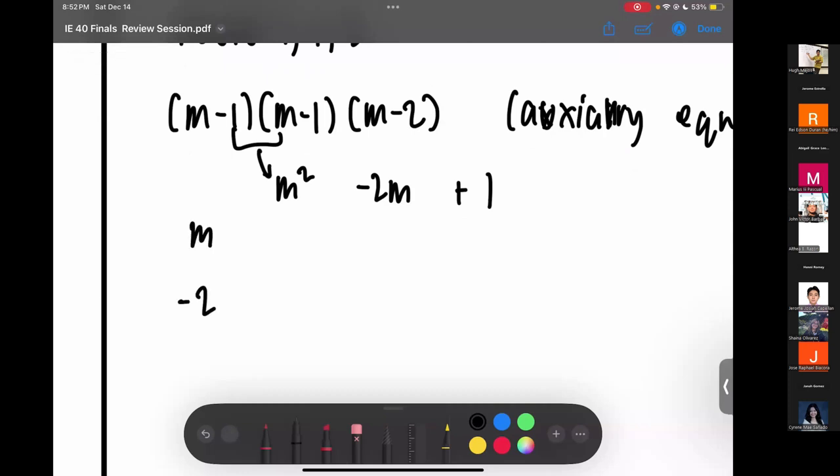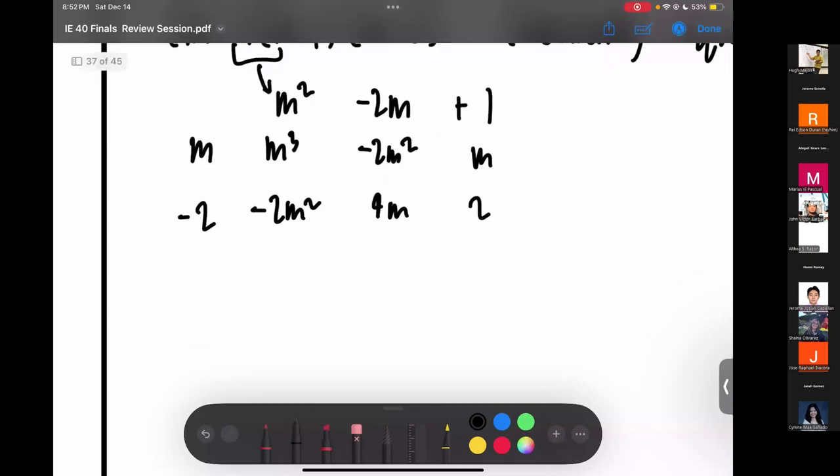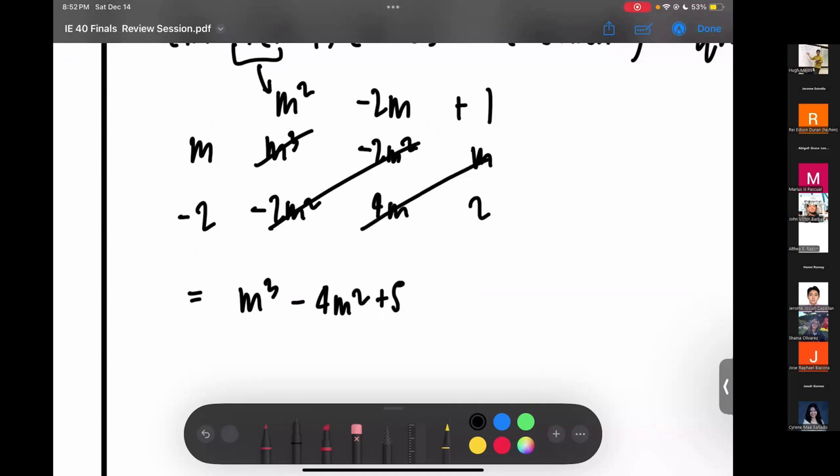This is just my preferred way of doing it para di siya nakakalito. Pero effectively, you get this. And then we can just lay it out. So m cubed minus 4m squared plus 5m plus 2.